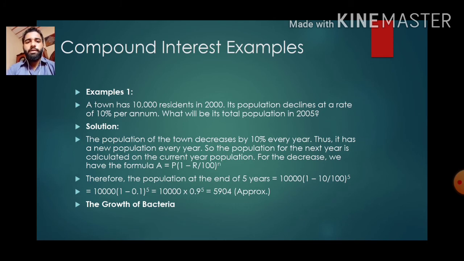Solution. The population of the town decreases by 10% every year, thus it has a new population every year. So the population for the next year is calculated on the current year's population.